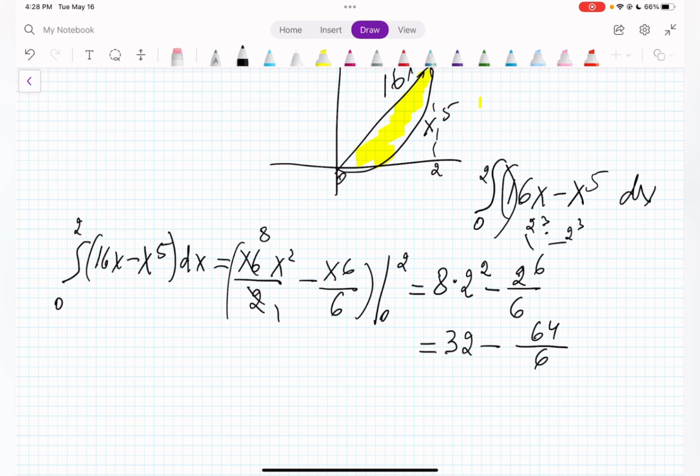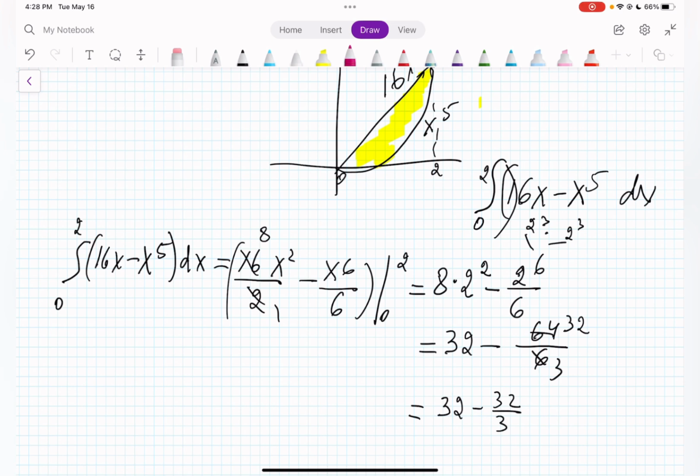64 over 6. I can't divide, but at least I can reduce. By 2, it's going to be 3. By 2, it's going to be 32. So we are getting 32 minus 32 over 3.